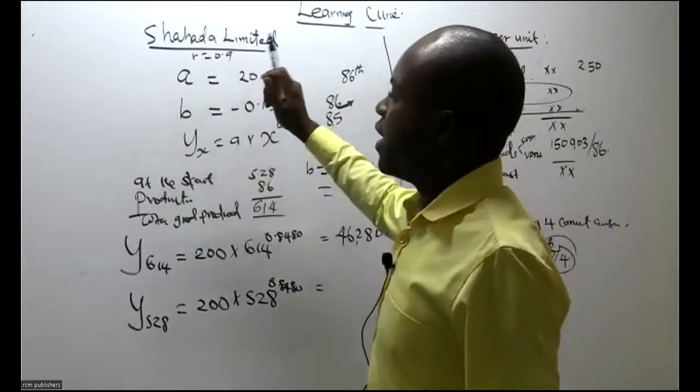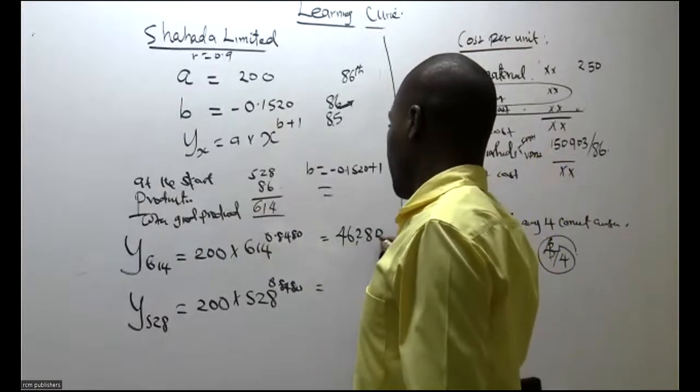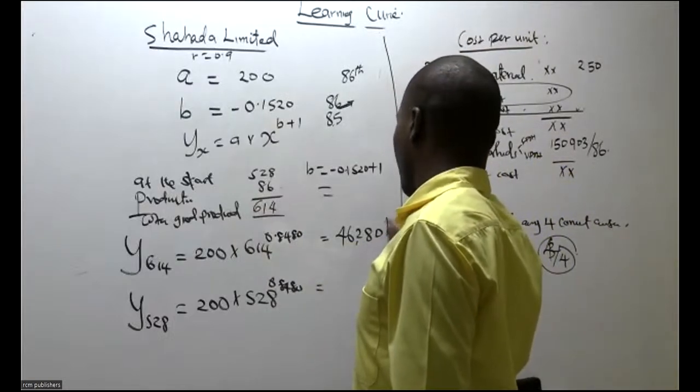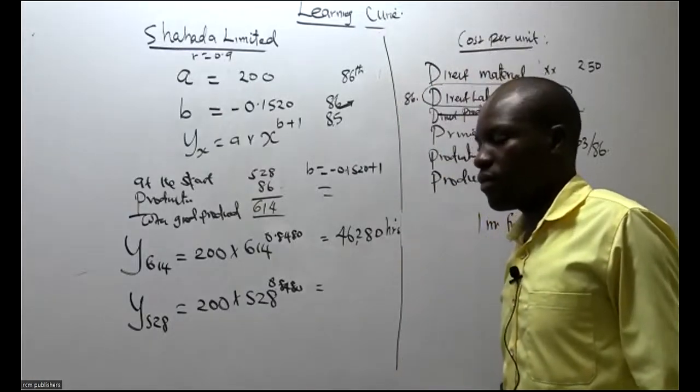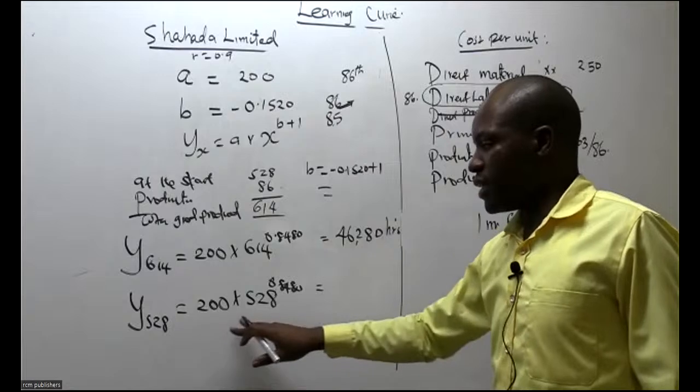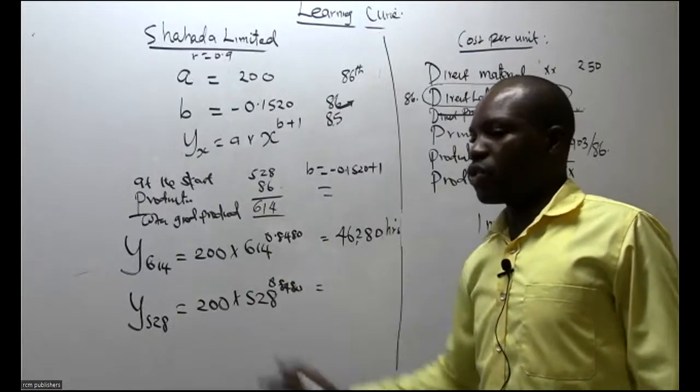Here, we were given the labor hours per unit, so this will not be shillings, but hours. Let's go to the second one, 528. You just take 528 raised to the same power, times 200.